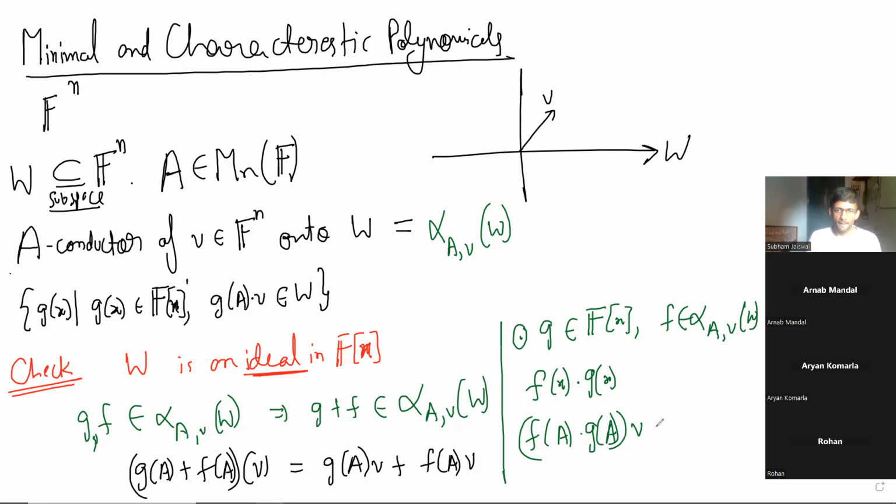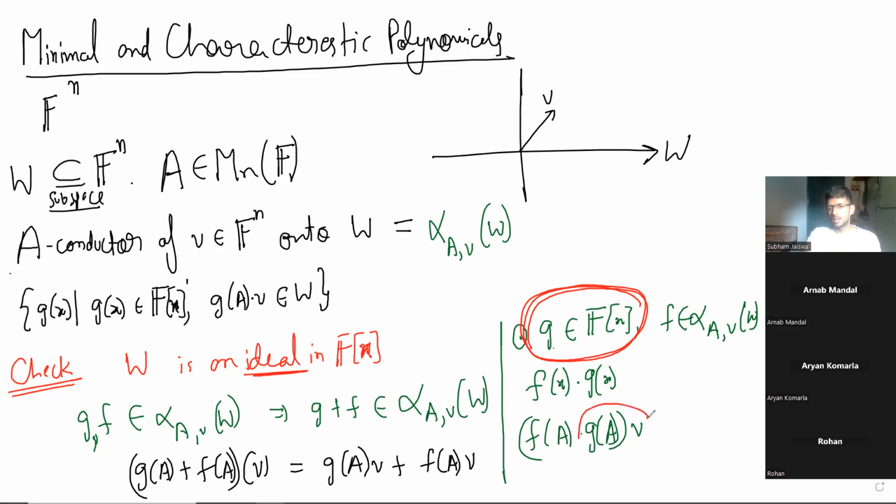Yes, sir, it is in W. But why? Sir, again, from how the functions are defined, right? Like product of functions and so on. Yes, that's right. But g is not in alpha. That is a problem.